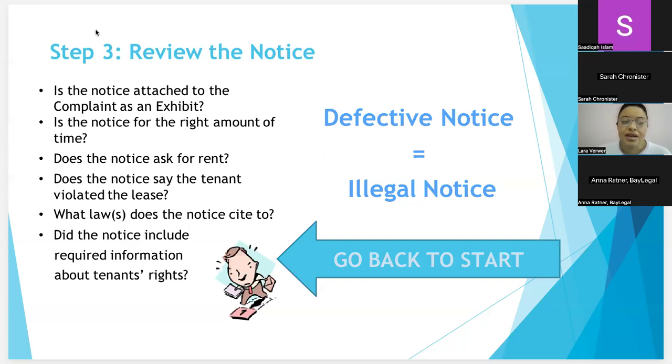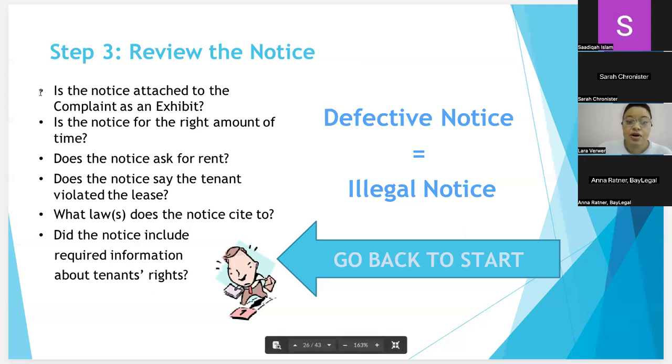And then a landlord does have to start that process all over. And finding those notice defects can help to preserve a little bit of housing stability, or at least provide some leverage when a tenant is negotiating a settlement, for example.